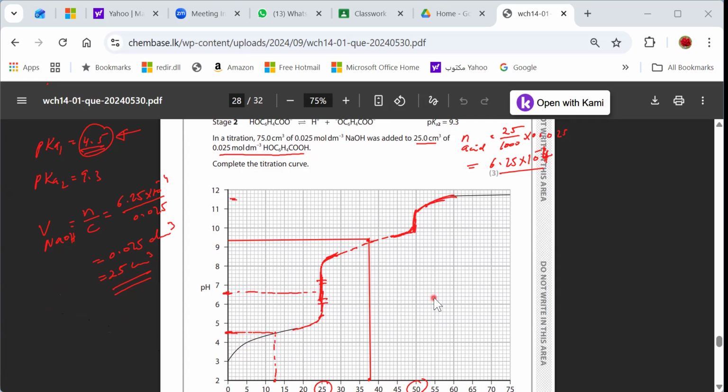If you have a strong acid with a strong base, the pH is exactly 7. If you have a weak acid against a strong base, then the pH is about between 5.5 and 6.5, in this range. If you have a strong base against a weak acid, then the pH will be about 8.5. You have to know this.